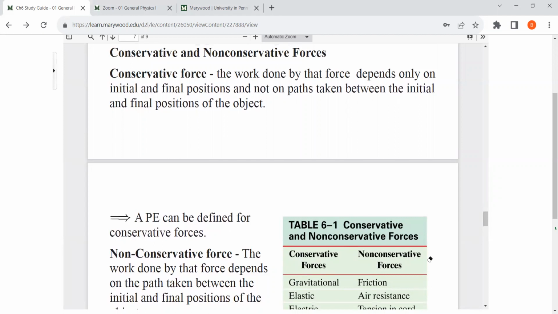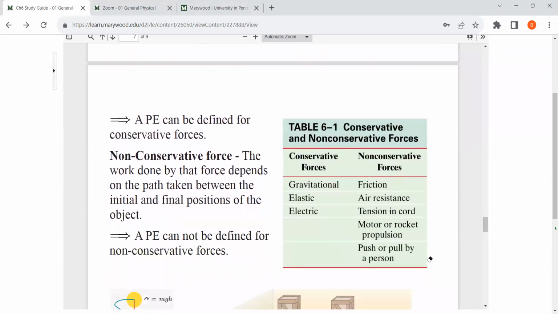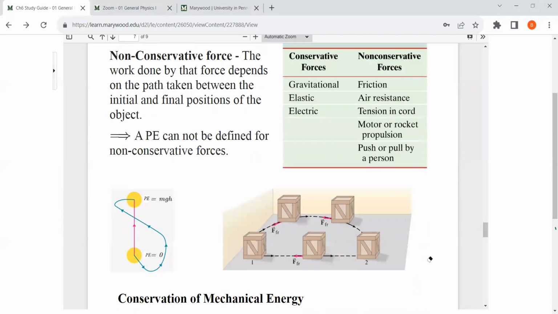But for a non-conservative force, when we calculate the work done, we need to know the path along which the object is moving. For example, when we determine the work done by gravity, or the gravitational potential energy, we just need to know the initial position and the final position.